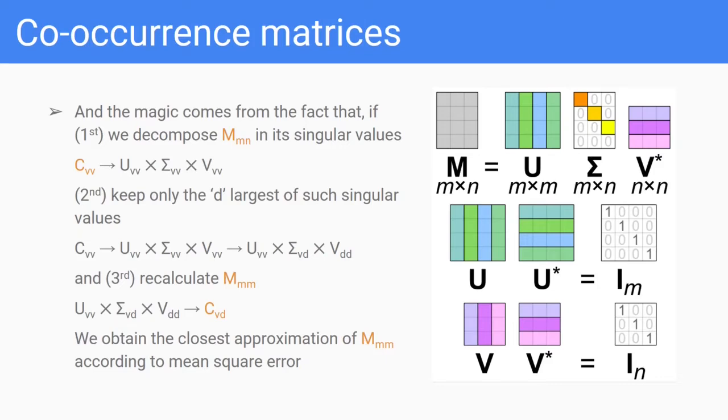With nonlinear transformation, like in self-organizing map, you could do better, but with linear transformation, that's the best you can do to minimize the mean square error.